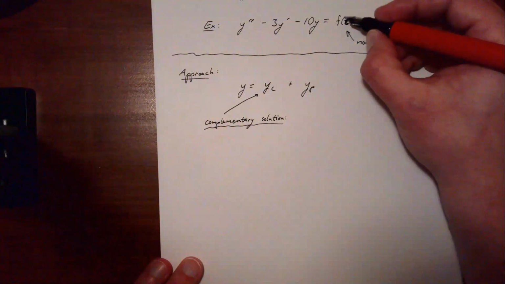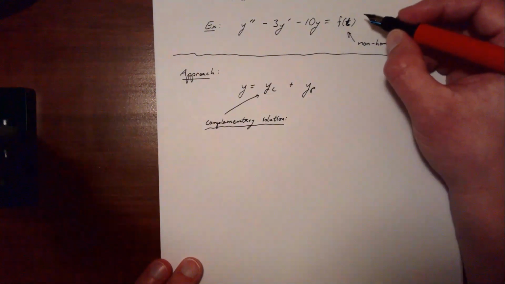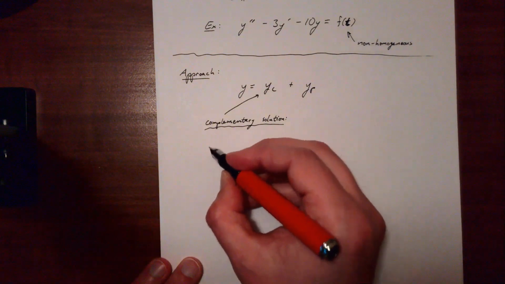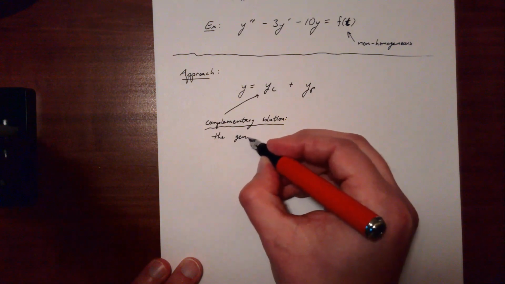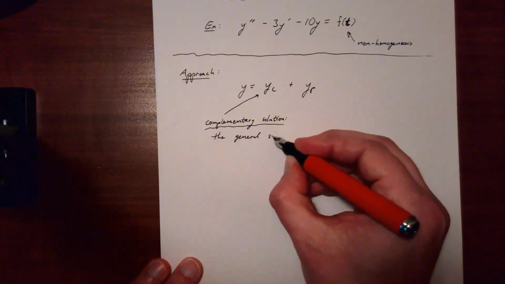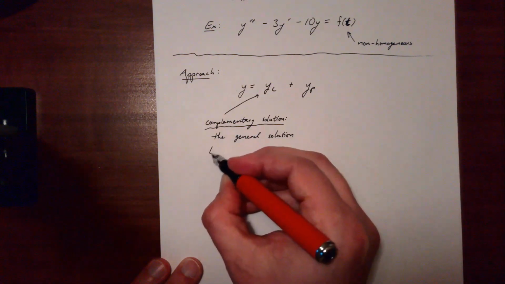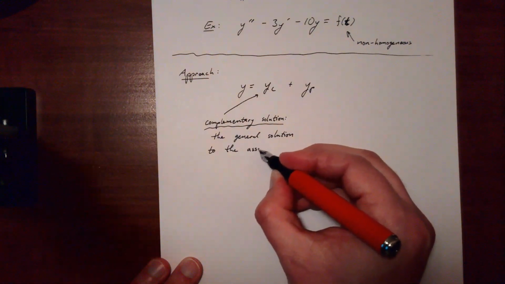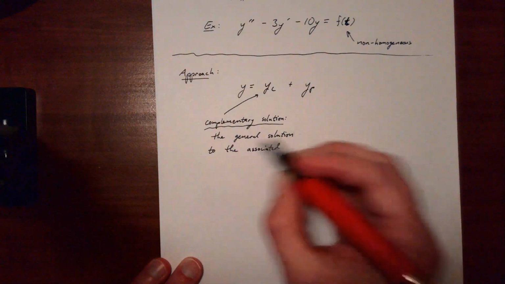If f of t just equaled 0, in other words, the situation from the previous section, that's what this would represent.